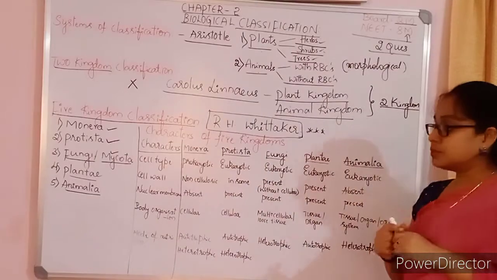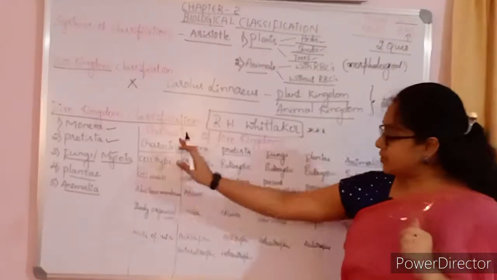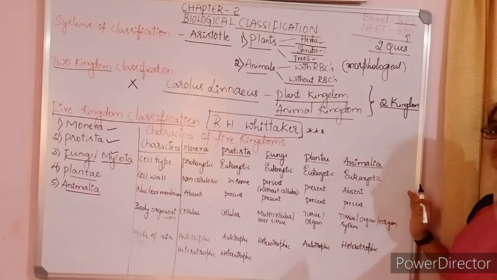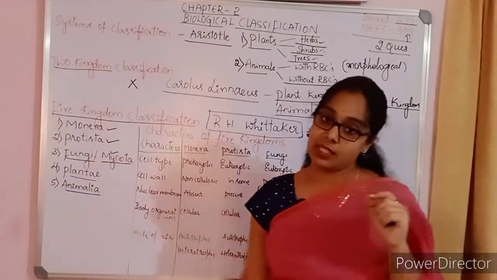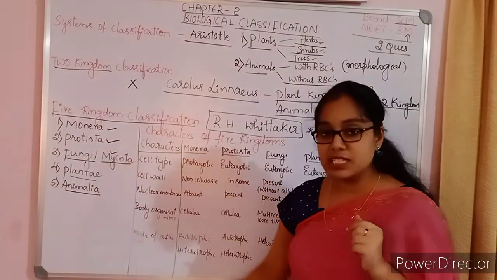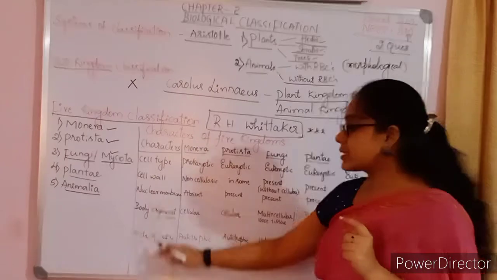Okay, so here is the list of characters. I think this table is enough for us to understand how living organisms are classified under these 5 kingdoms. Okay, so you have to remember these 5 kingdom names, and as well as you have to remember these characters.